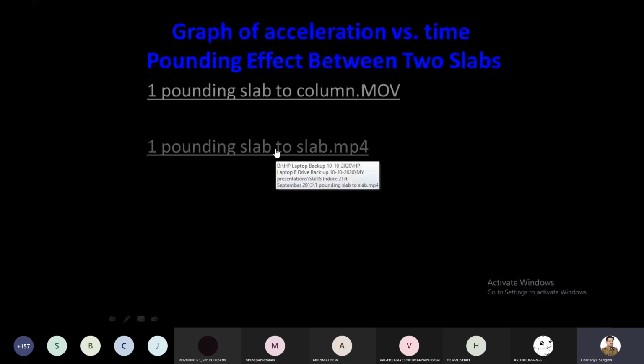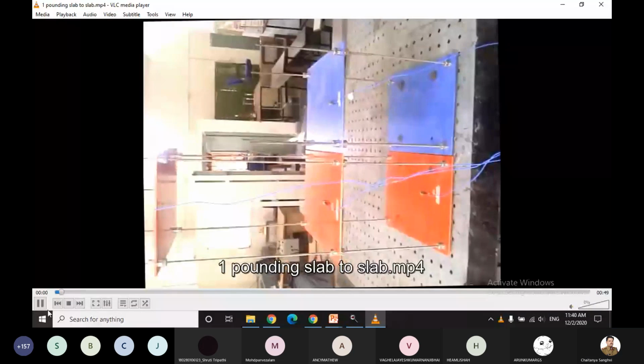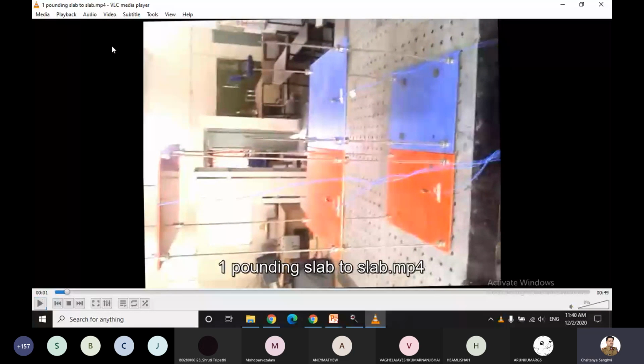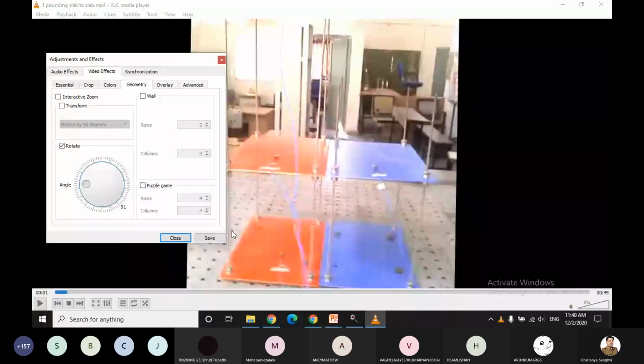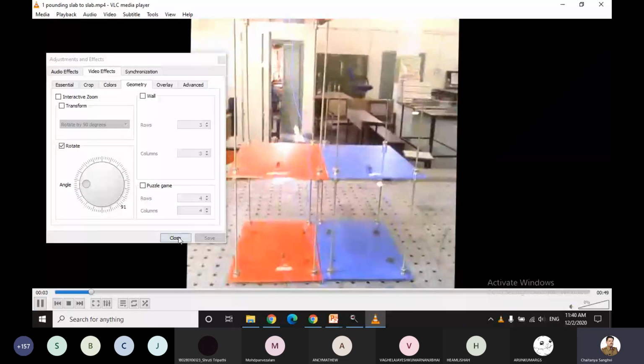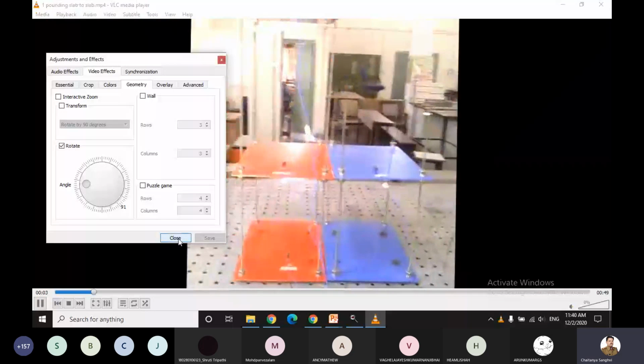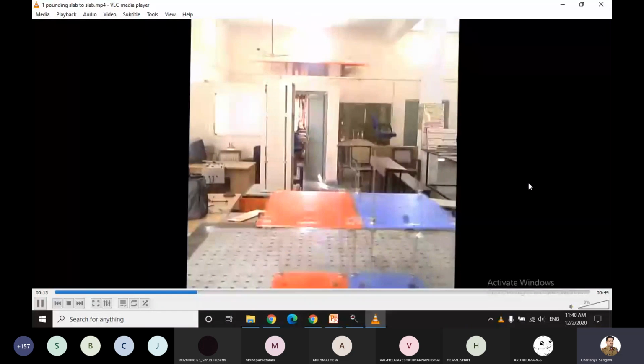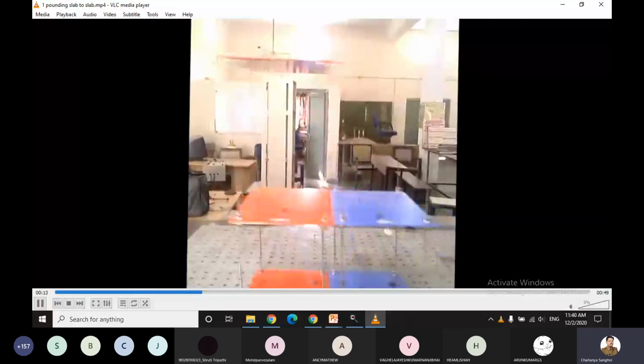Then we have pounding of slab to slab. Right, look at this, the slab is hitting the other slab, and when the experiment starts, you see a lot of noise is created because of this impact.